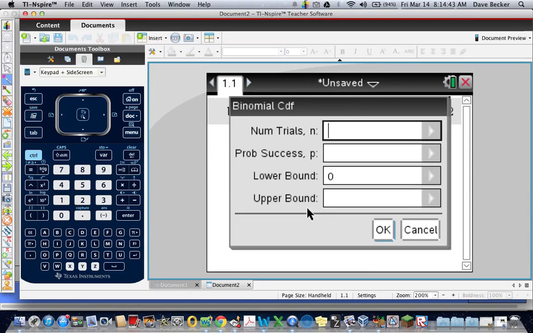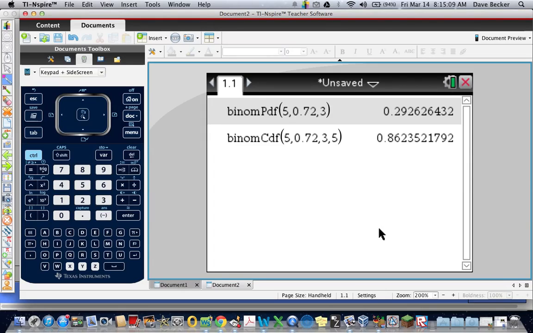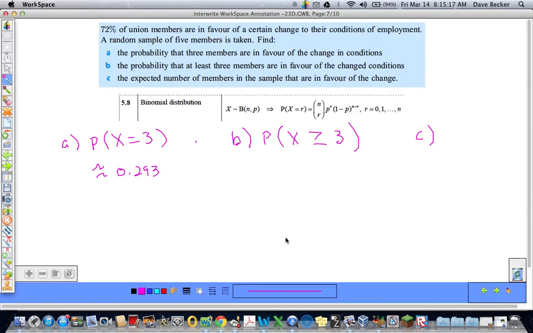They ask for more things. Number of trials is 5. Success is 0.72. Lower bound: it said at least 3, so our lower bound is 3. What's our upper bound? We only sampled 5 people, so our upper bound is 5. It's pretty straightforward. We hit that, and there she blows. It gives it to us right there: 0.862. Isn't life great?